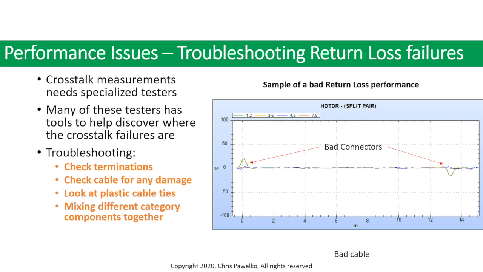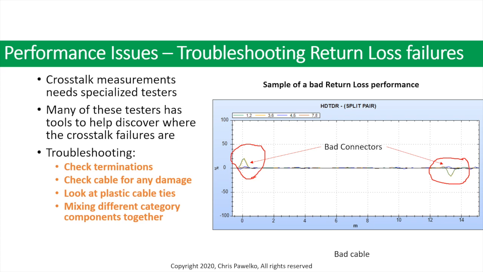In this particular trace, we see we've got some bad connectors here. Anytime you have the twists change or you have to untwist any wires, this is where you can have return loss failures.